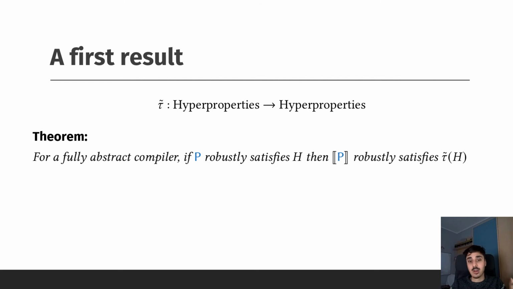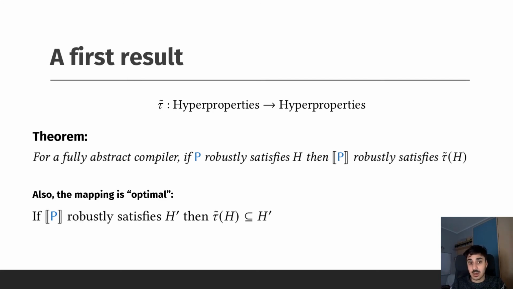In particular, we can prove that given a fully abstract compiler, there always exists a mapping tau tilde such that if P robustly satisfies a hyperproperty H, then P compiled robustly satisfies tau tilde of H. Also, we can prove that tau tilde is optimal, in the sense that if P compiled robustly satisfies a hyperproperty H prime, then tau tilde of H is included in H prime.